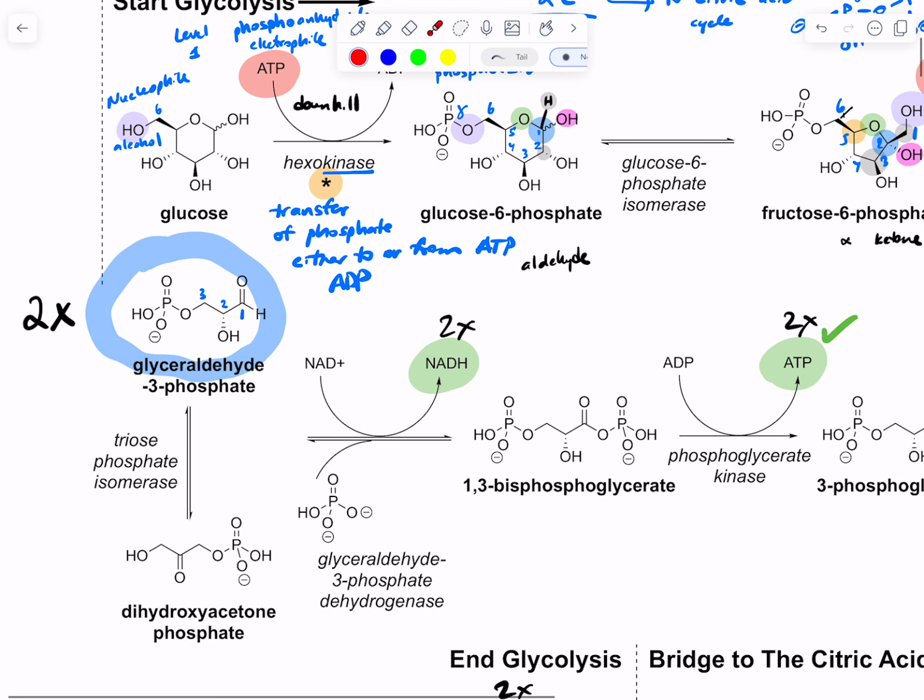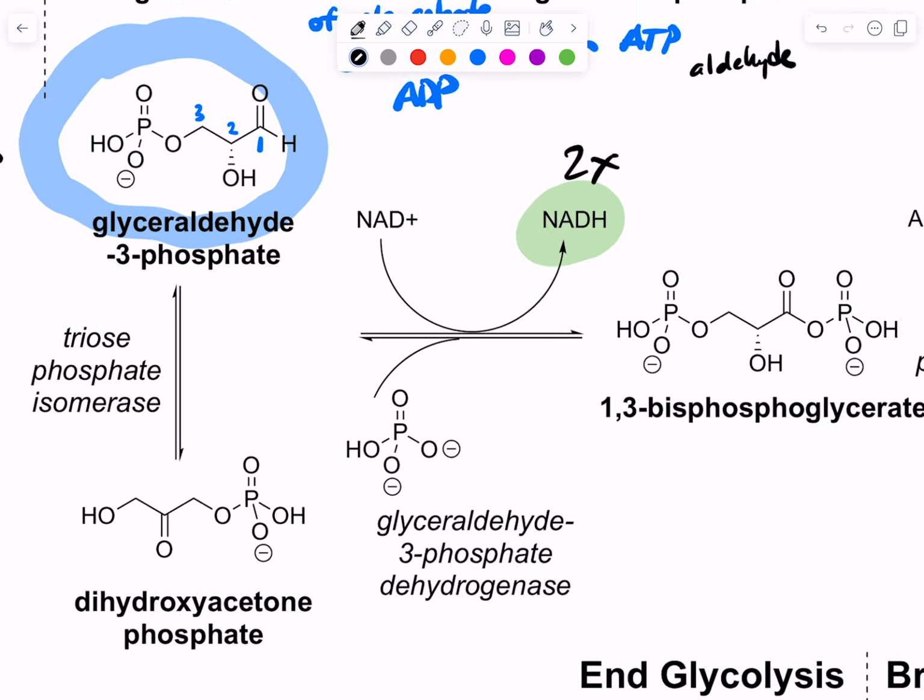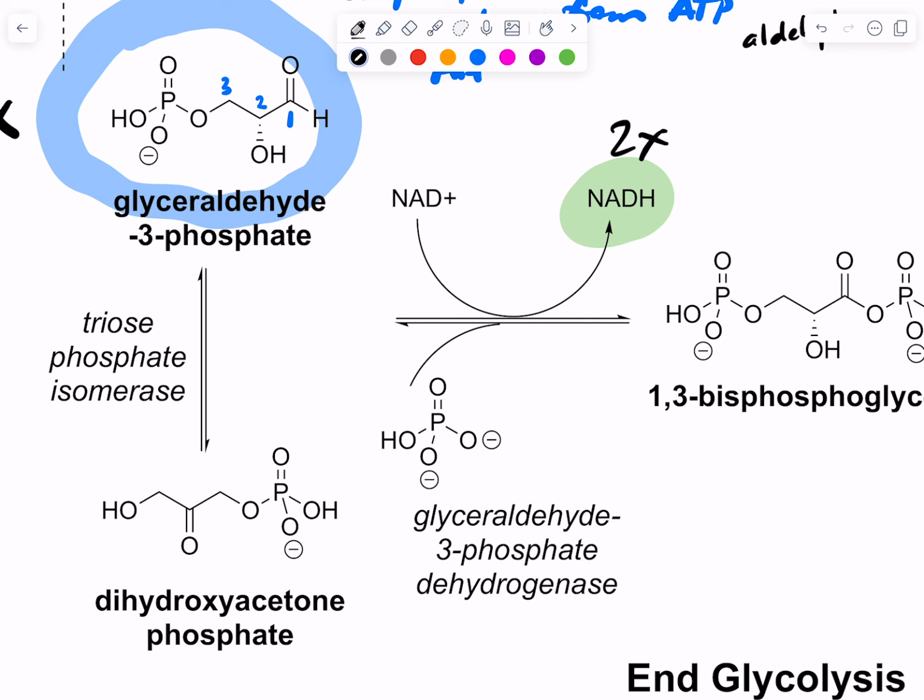So we start out with the aldehyde. We're going to use a molecule of NAD plus and a molecule of phosphate. This is just the conjugate base of phosphoric acid. A lot of biochemistry textbooks will call this inorganic phosphate, meaning not organic, meaning the phosphorus is not attached to any group that has a carbon in it.